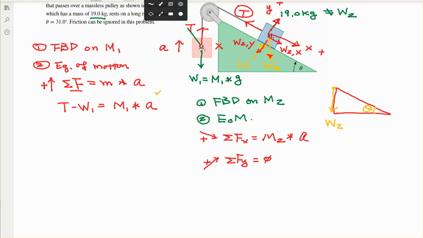And my normal force goes in this direction. I want to decompose my weight into components: one along the slope, and another perpendicular to that, which will be in the same direction as the normal force.